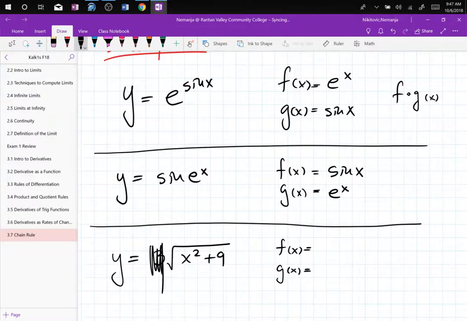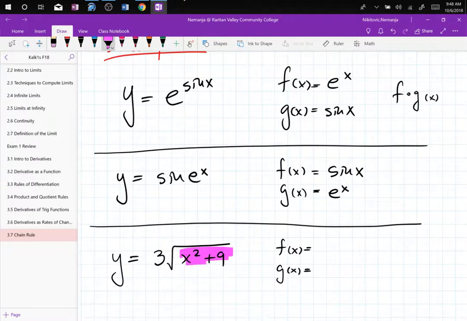But see, a square root and x squared are immediately 2 different functions, right?